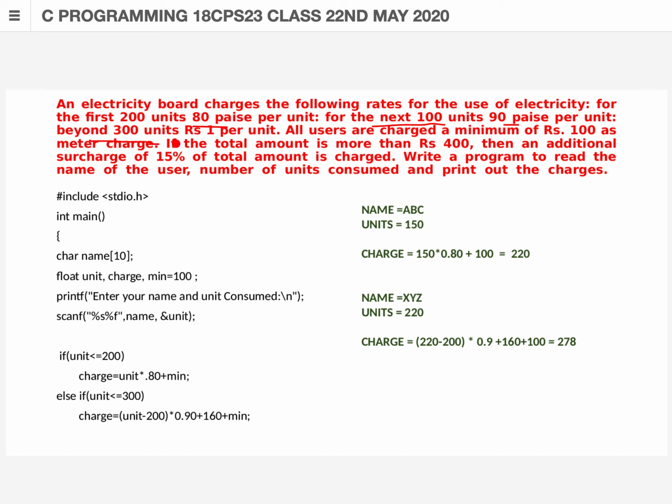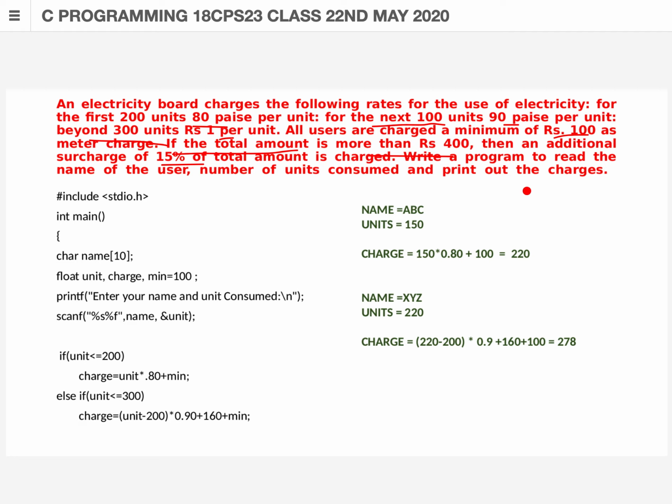If it crosses beyond 300 units, rupees 1 per unit, and all the users are charged a default minimum of 100 as meter charges. And if the total amount is more than 400, then an additional surcharge of 15% of the total amount is charged.